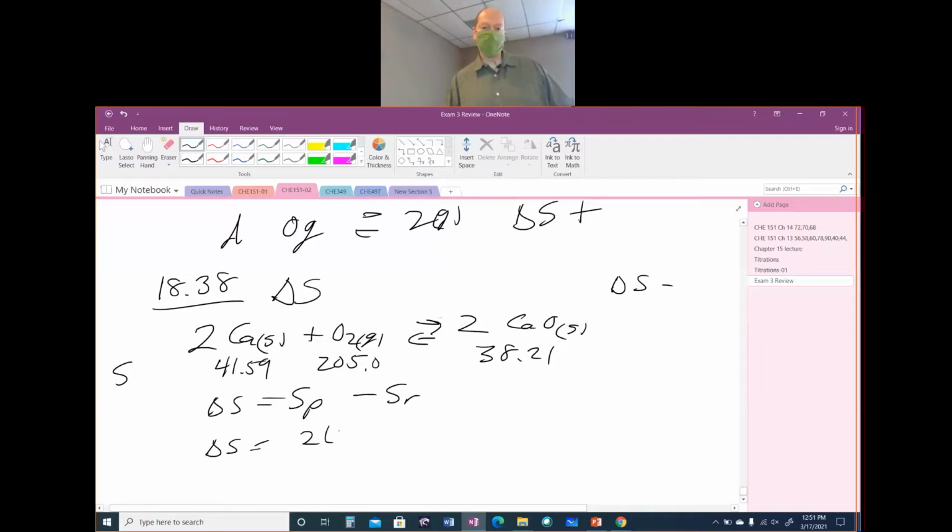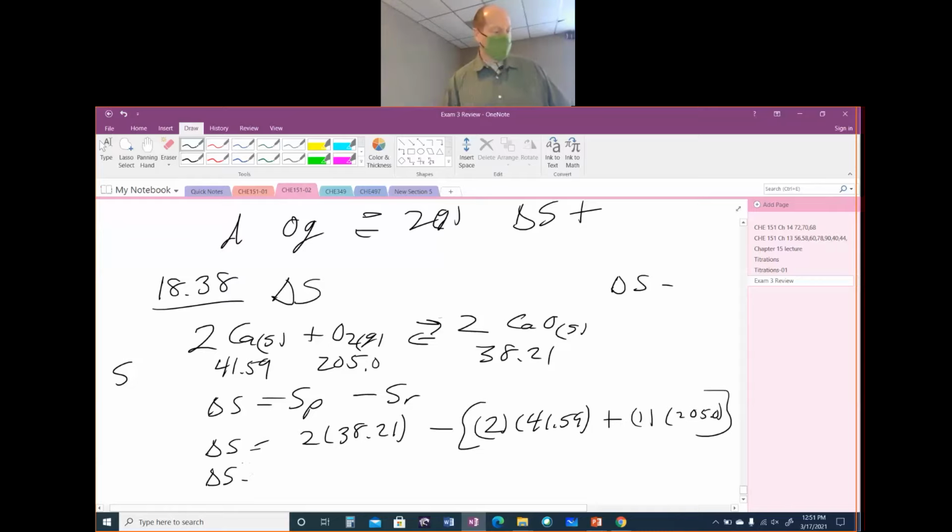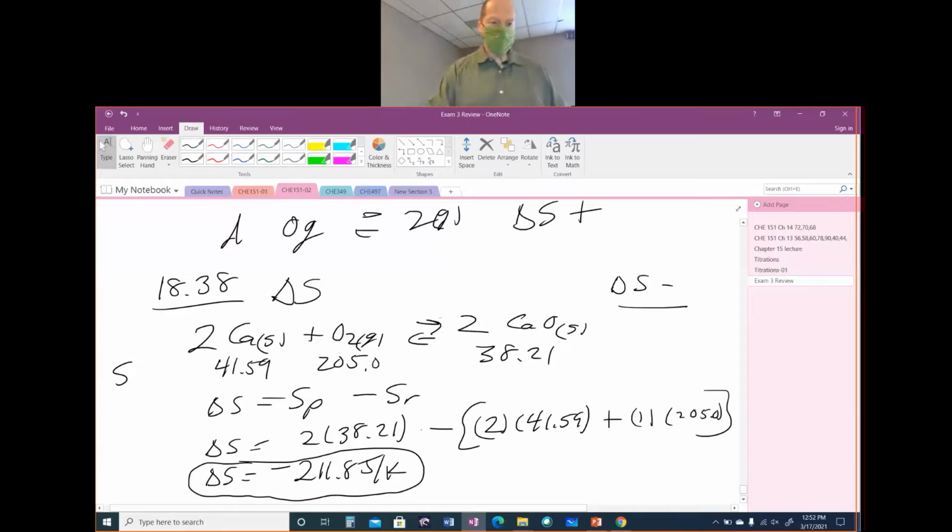So we have 2 times 38.21 minus 2 times 41.59 plus 1 times 205. When you push the buttons, you get a delta S of negative 211.8 joules per Kelvin. So you predict a negative delta S, you get a negative delta S.